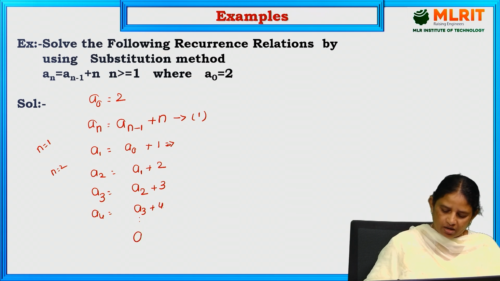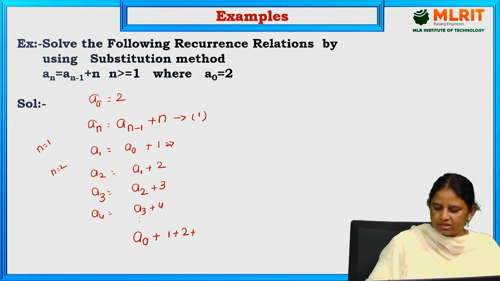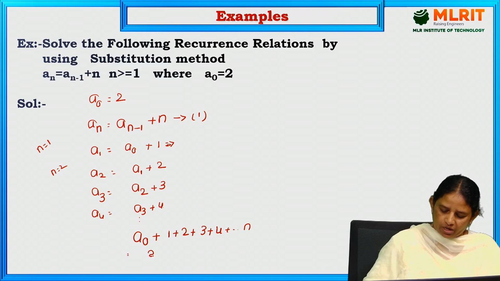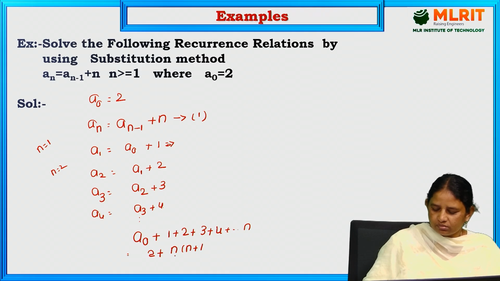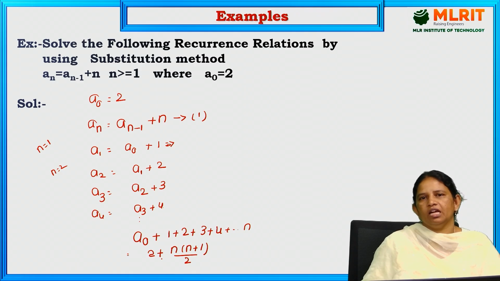We'll get a_0 plus 1 plus 2 plus 3 plus 4 and so on up to n. The a_0 value is 2, plus what is the formula for sum of n numbers? n into n plus 1 by 2. This is the solution for the recurrence relation using the substitution method.